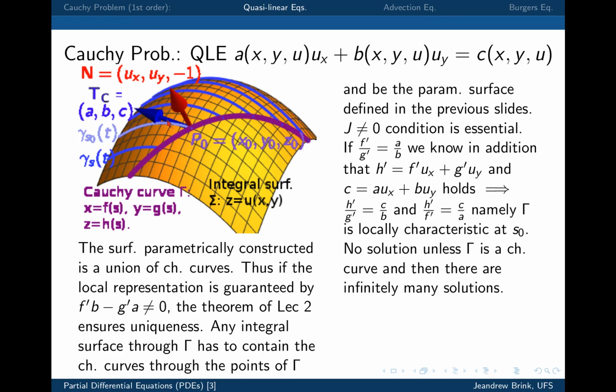So you sort of have the idea, you've specified a line, and you can get any surface that goes through that line to do it. So you have a lot of freedom if you've not met this condition. Okay.